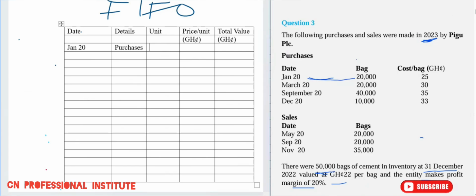Okay, sorry, even I made a mistake. Even before that, we had an opening balance. Be very, very careful. The question gave us an opening balance here: we had 50,000 bags. So that should be the opening balance. In the previous ones, there was no opening balance. So on January 1st, there should be an opening balance.